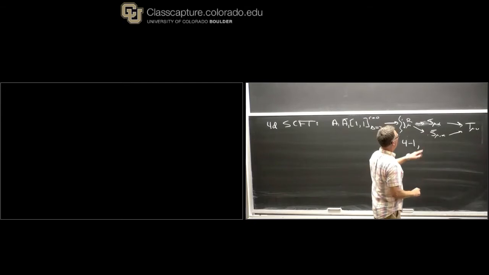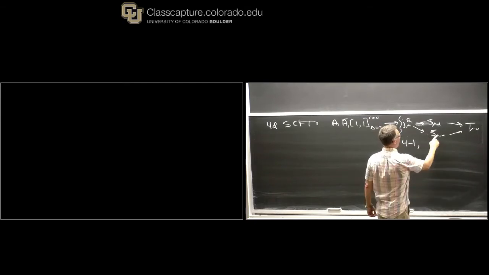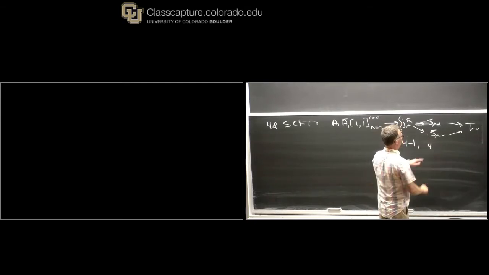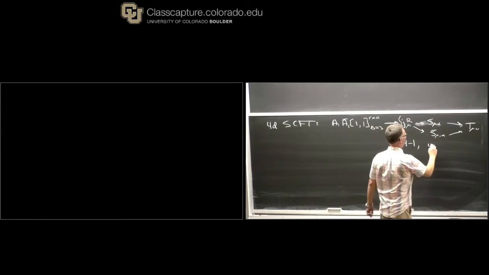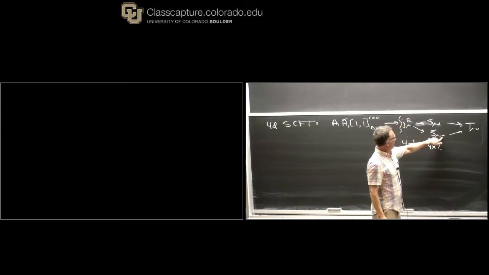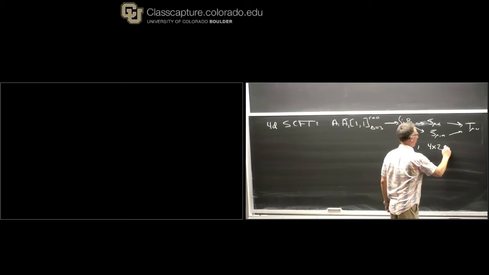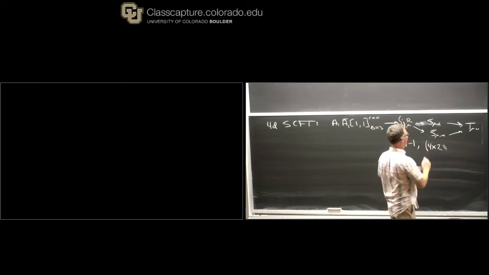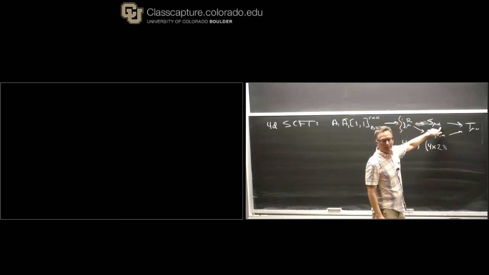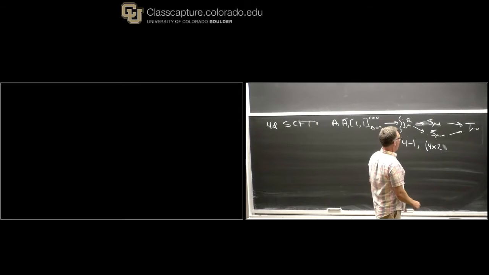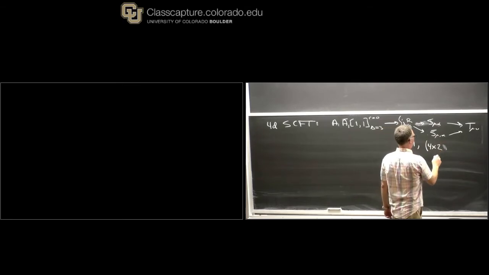Then here we have this index 4 times 2 for these operators. And then they're their conjugates, so everything I'm going to multiply by 2. But then again, these satisfy a conservation law.